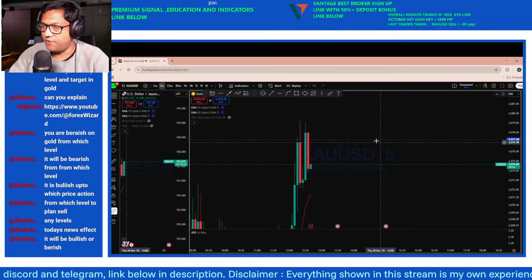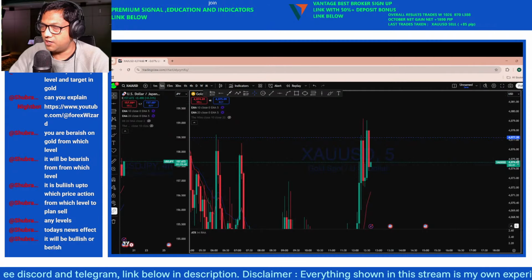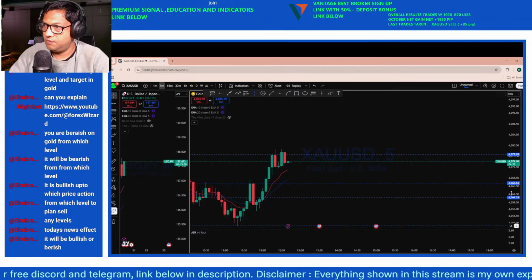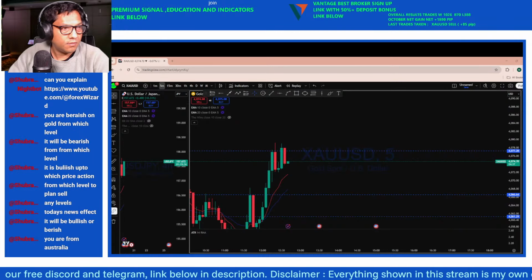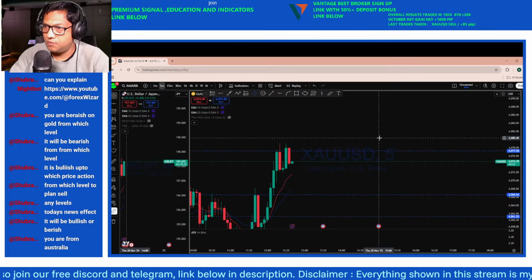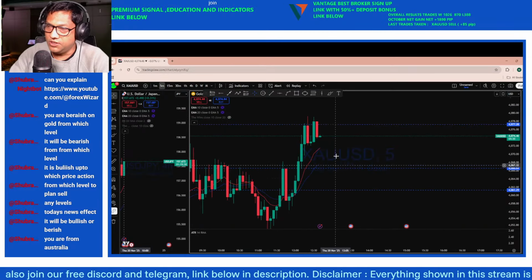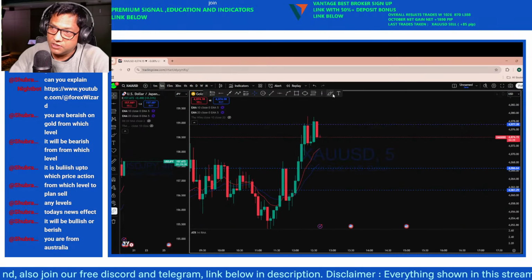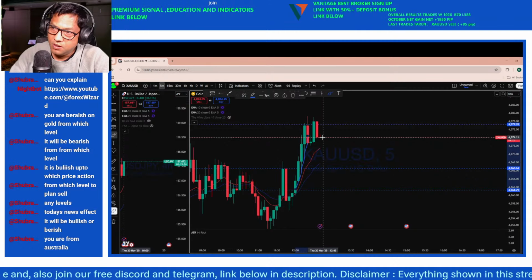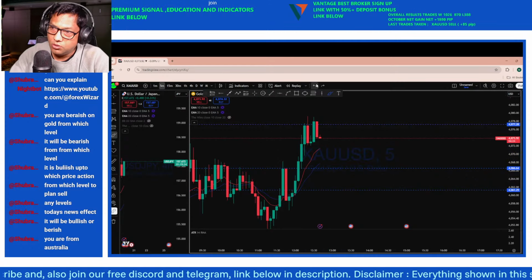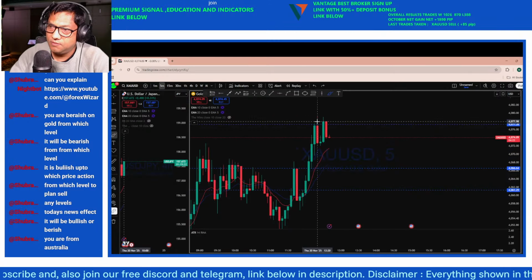Looking at the multiple time frames will give you a better understanding of the market structure. There is a bullish fair value gap that you can see here in that area. Market may break that low to fill that imbalance.